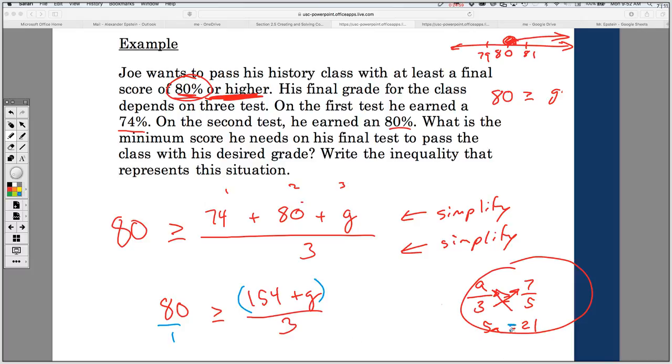So let's solve this again. We already solved it in class, but we can do it one more time. Alright, so we have 154 plus g and 80 over 1. When we solved this, we found out at the end that I made a mistake here. What I've been telling you not to do forever is when you're going from this to the visual, you want to make sure that the variable is on the left.